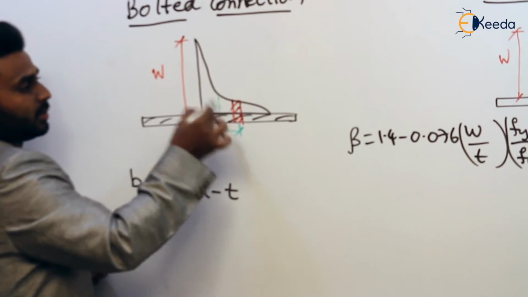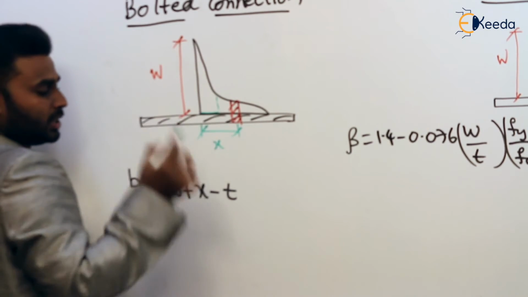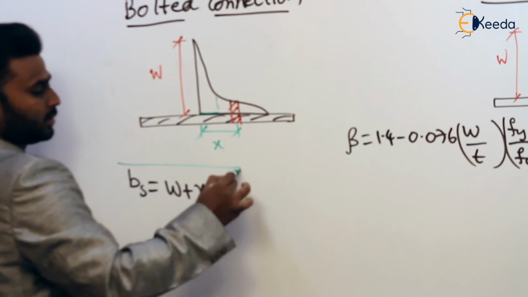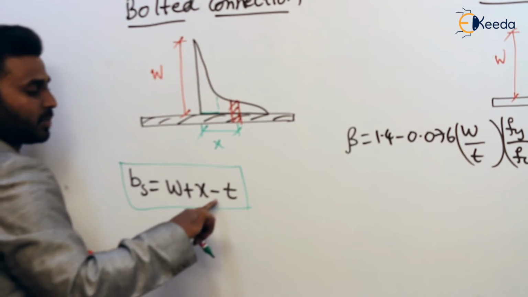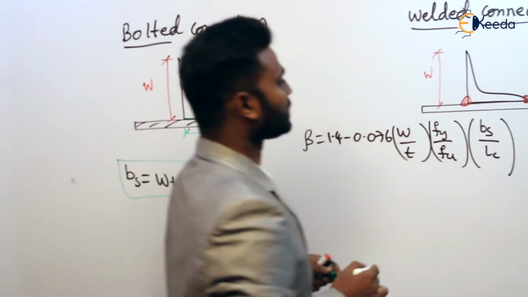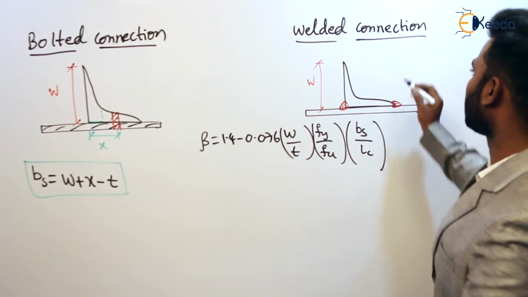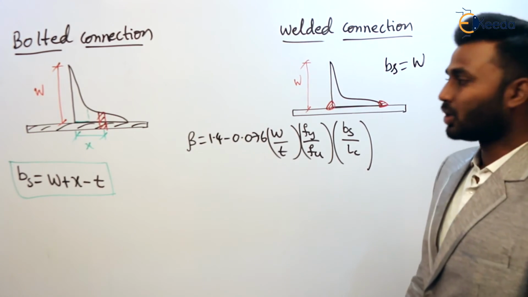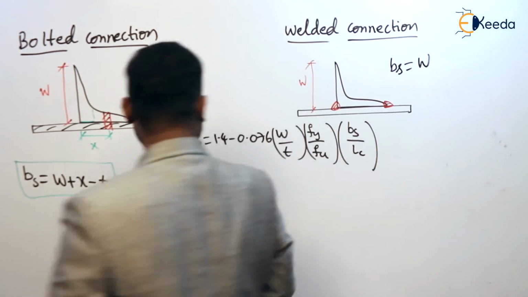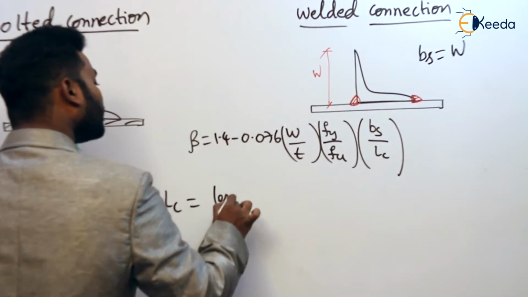W is this, and in X also there is T, so simply subtract it. So Bs is W plus X minus T. And in the welded connection, what is Bs? Bs is simply W. Now what is Lc in this formula? In this reduction factor, Lc is the length of the connection.